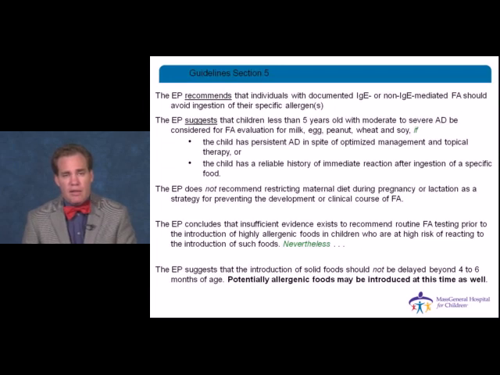And the current recommendation is that we have insufficient evidence to recommend routine food allergy testing prior to the introduction of highly allergenic foods in children who are thought to be at high risk. So for example, a sibling of someone who's food allergic. Nevertheless, in those kinds of cases, the EP recommends that it might be appropriate to delay the introduction of those to some extent.